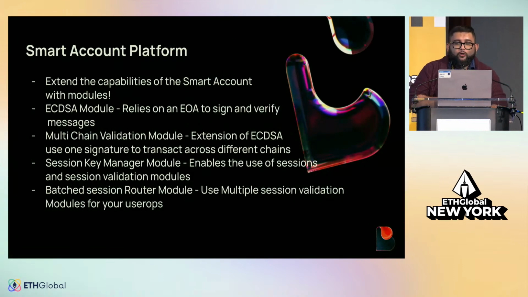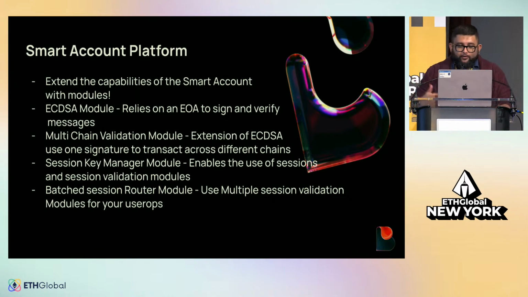So the Smart Account Platform is built around extending our smart accounts to allow you to create and use different modules. Some of the modules that we have available for you today that you can start using allow you to do a few things. We have a regular ECDSA module, which just relies on an EOA to sign and verify your messages, similar to the experience that we've had with our previous version.